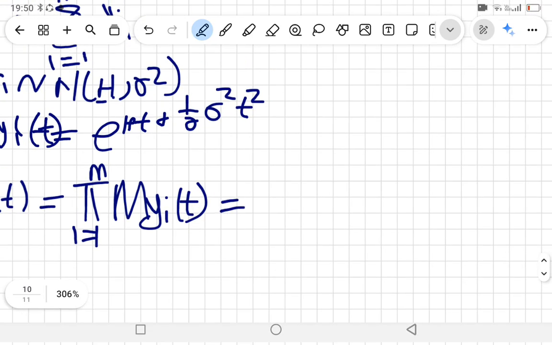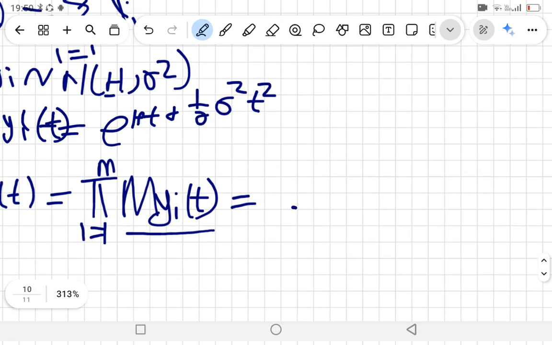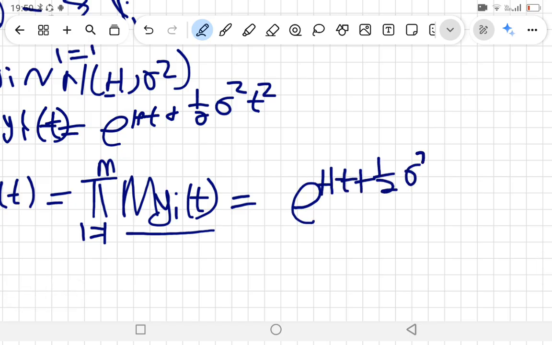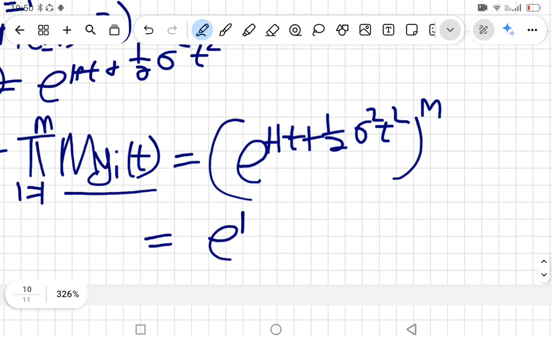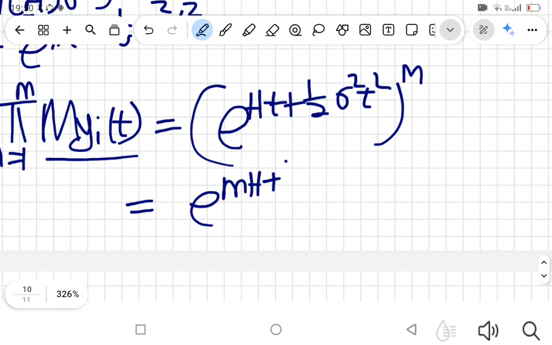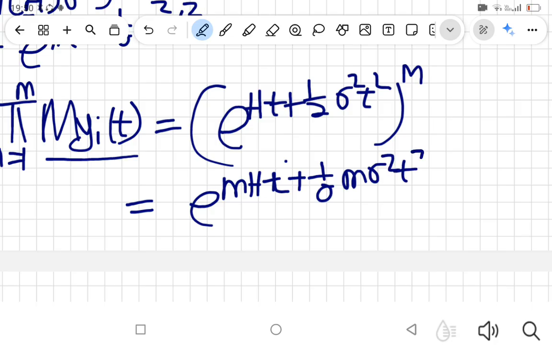Remember, this is how you're going to write your MGF. It's e to the mu t plus half sigma squared t squared, all to exponent m, and this will be m mu t plus half m sigma squared t squared.